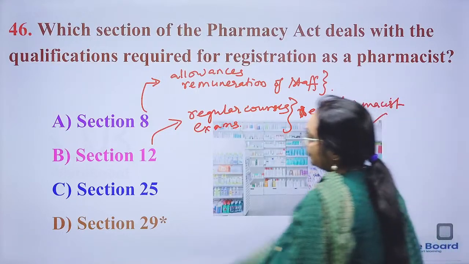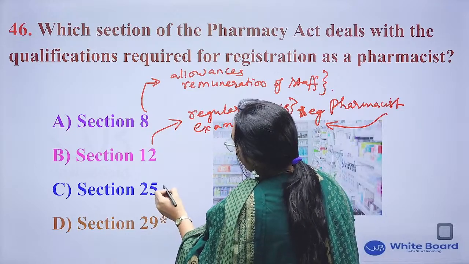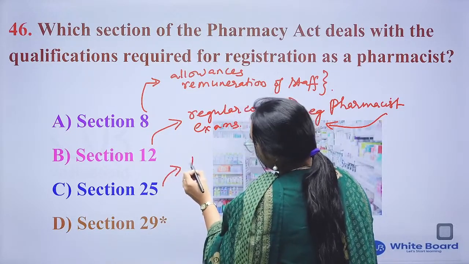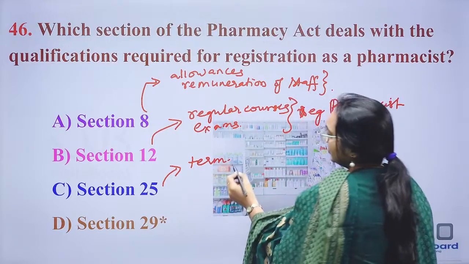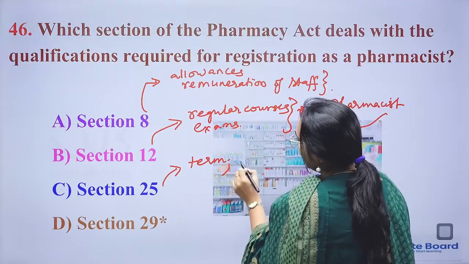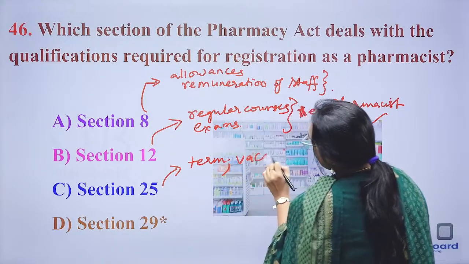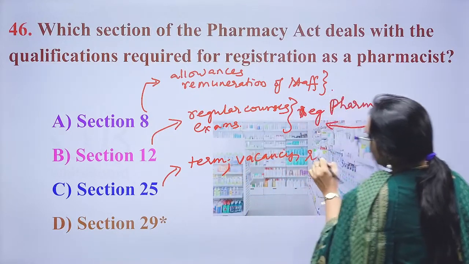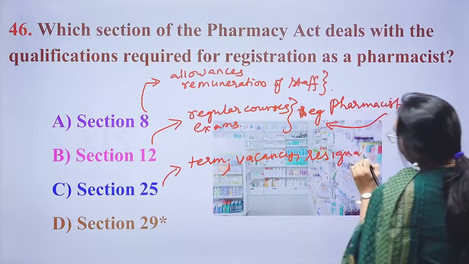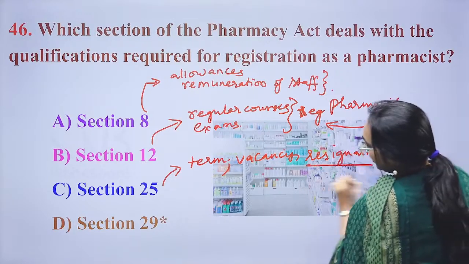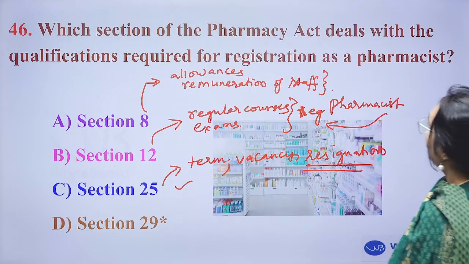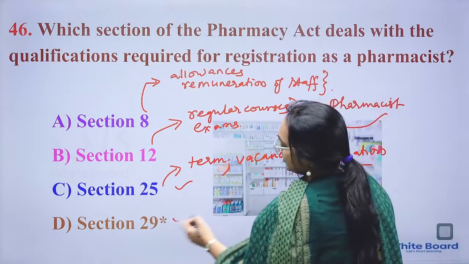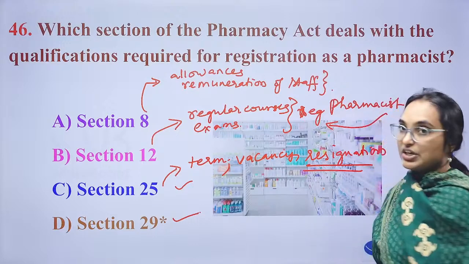Okay, and in section 25, job term, term and vacancies, resignation of the staff, and all these things are dealt with under section 25. So the qualifications for the pharmacist registration are dealt with in section 29.